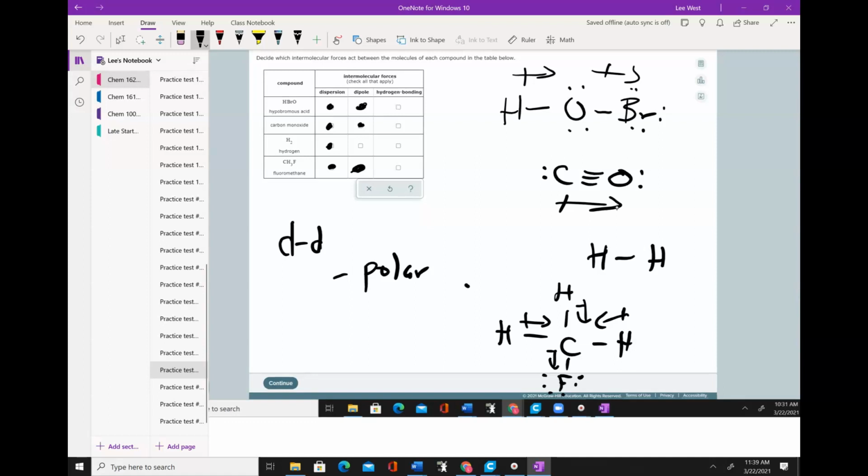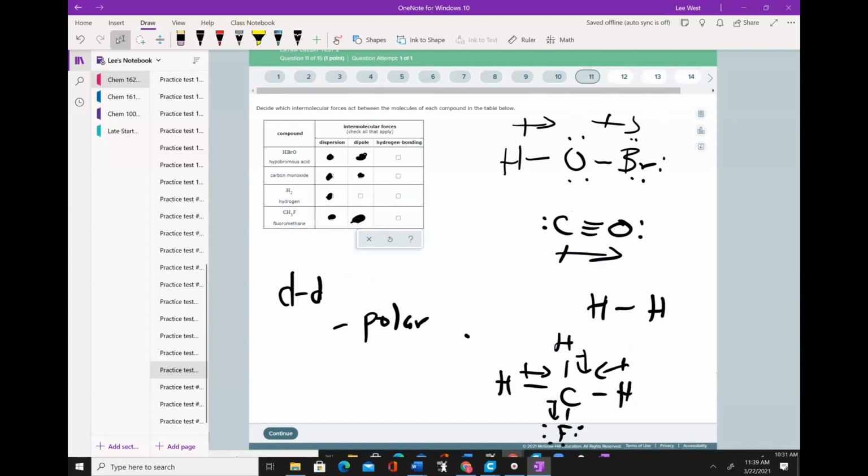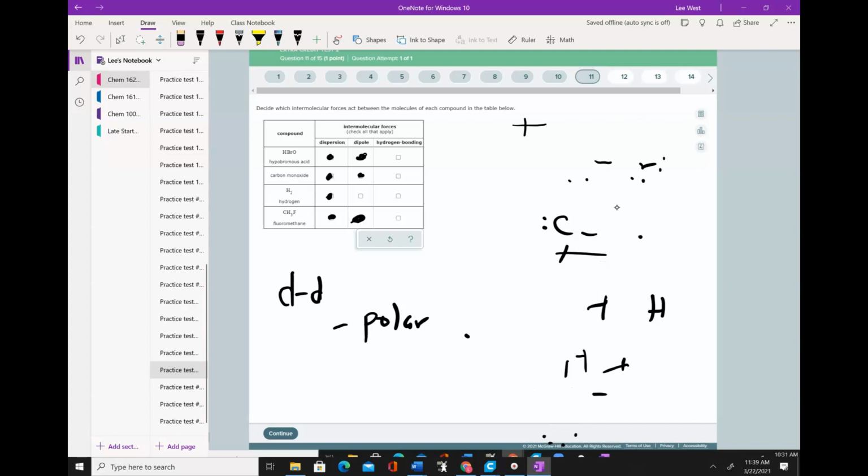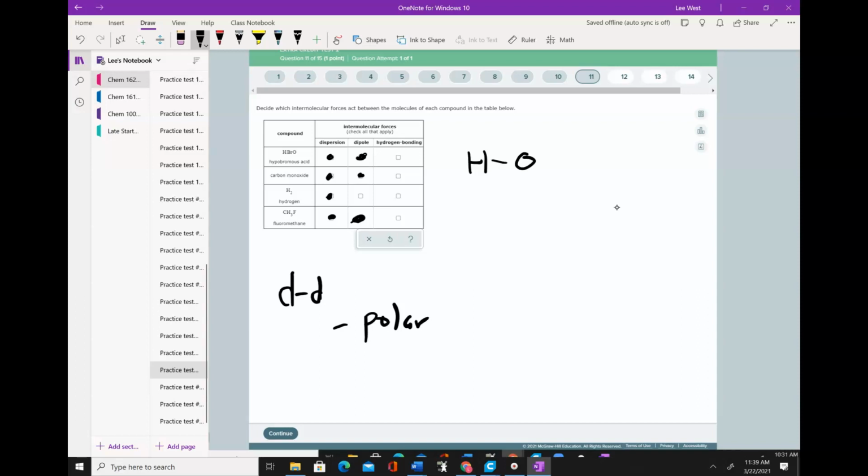Now, the requirement for hydrogen bonding is a little more complex. The requirement is that your molecule has a lone pair, and also has a hydrogen attached to either oxygen, nitrogen, or fluorine. In the first case, you can look up the Lewis structure if you want to, you'll see that we have both requirements. We've got the lone pair, and we've got hydrogen, which is on oxygen.